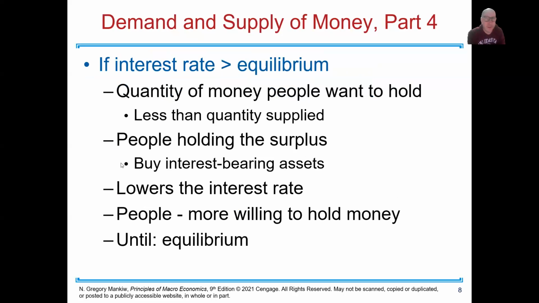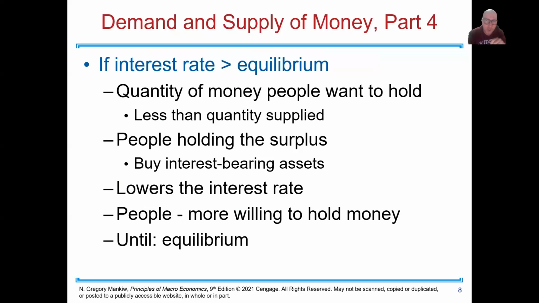If the interest rate is greater than the current point of equilibrium, there's less quantity demanded, there's less demand.